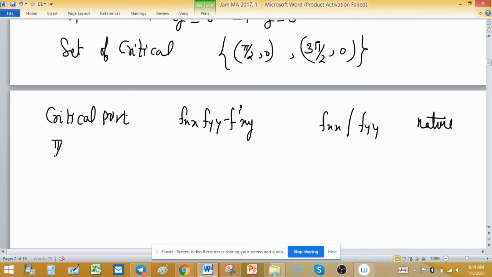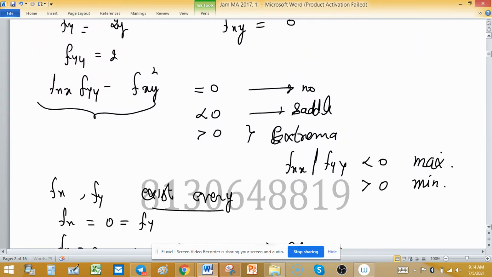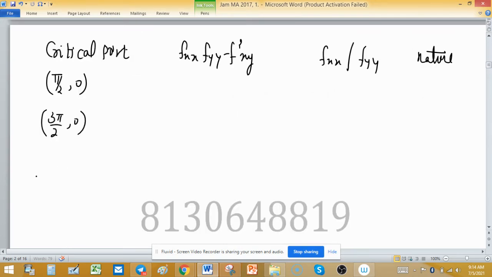The first critical point is (pi by 2, 0) and the second is (3 pi by 2, 0). Putting in the values, fxx is 4 sin x, fyy is 2, and fxy square is 0.